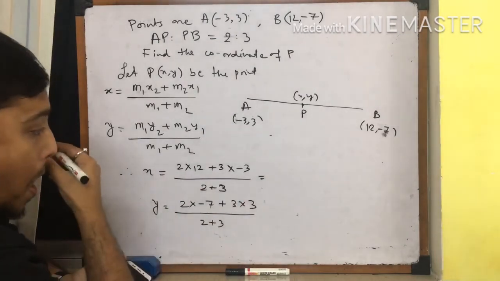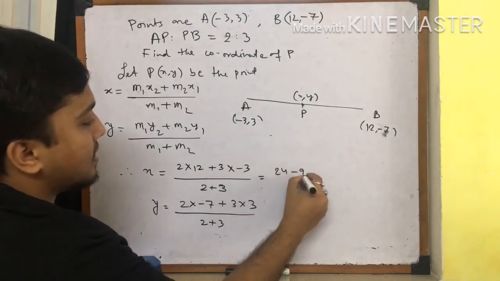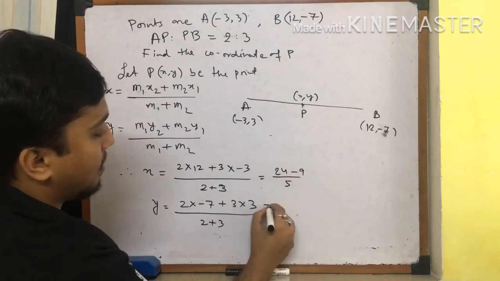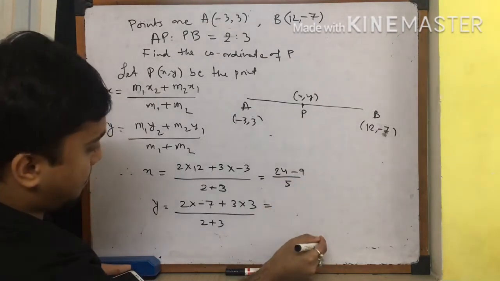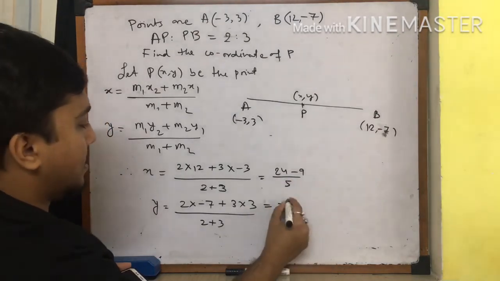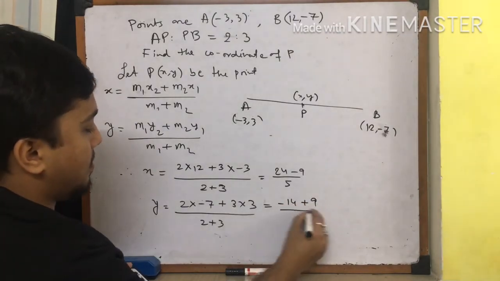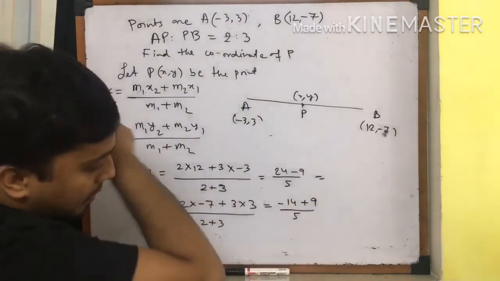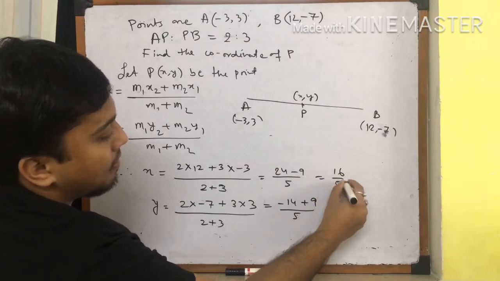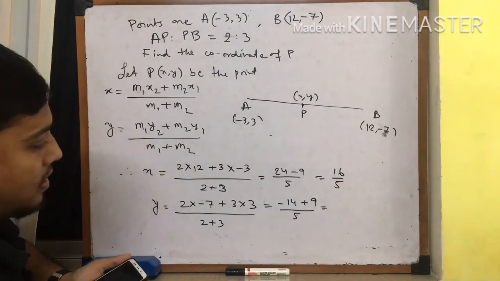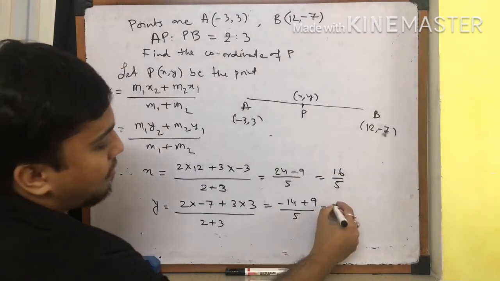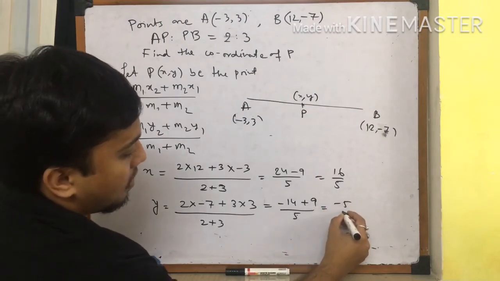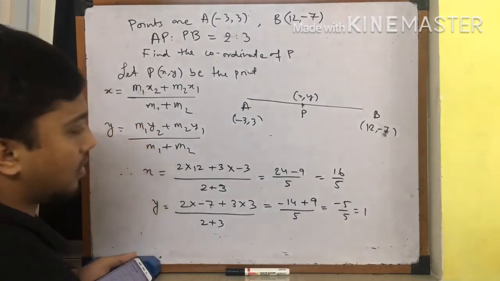That is 24 minus 9 by 5, and minus 14 plus 9 by 5. Then 15 by 5, that means 3, and minus 5 by 5, that means minus 1.